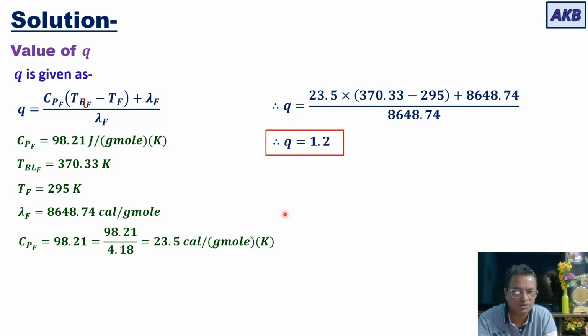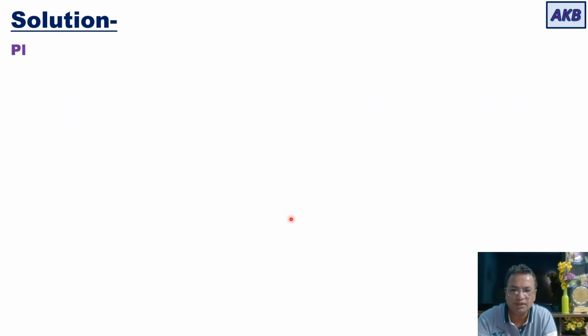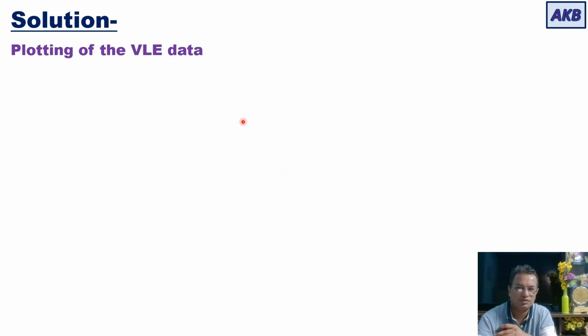Once you have got the value of Q, the next step is to plot the given data. As was the case with numerical 1, where we learned how to generate the XY data by using the value of relative volatility, here the XY data is directly given to us. What is left? We just have to plot it. So, plotting of the VLE data.